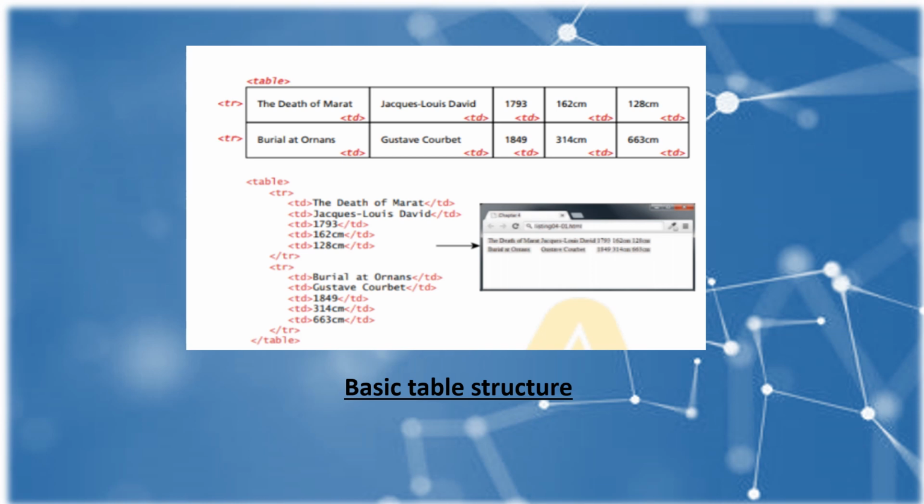The table tag, below that the table row, then the table data cell, and we have to mention what data we are going to put in, that is the Death of Marat. Next, the next data cell, and we have to mention all the columns which we will put into the table. Then now the table is created.